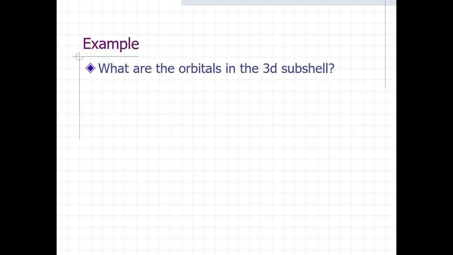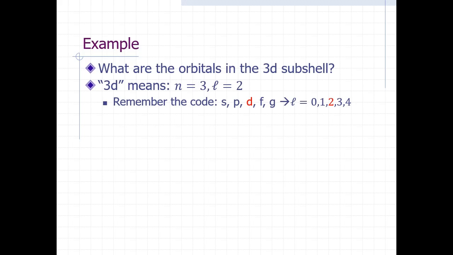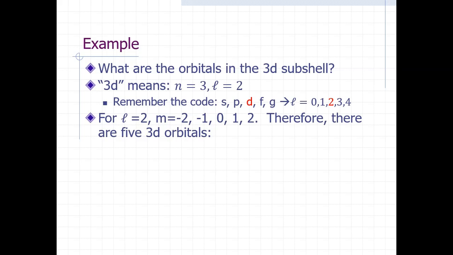Let's take a look at this question. What are the orbitals in the 3D subshell? Pause the video to figure it out, then resume when you're ready to check your answer. Okay, 3D means the quantum number n is 3 and the quantum number L is 2. Remember that the letter D is code for L equals 2. Since L equals 2, the allowed values of quantum number m are -2, -1, 0, +1, and +2.